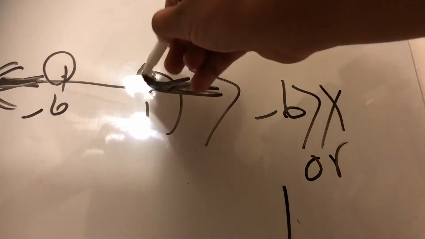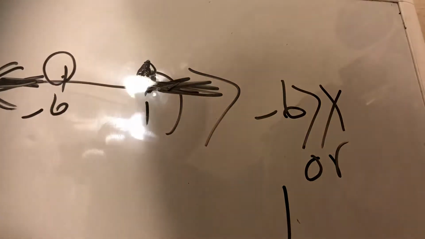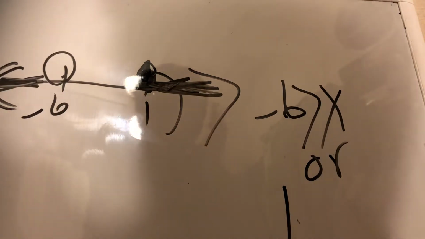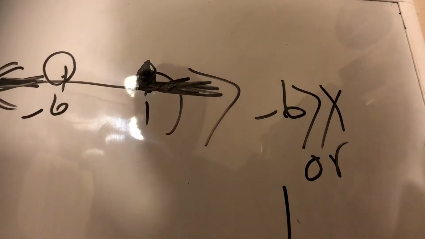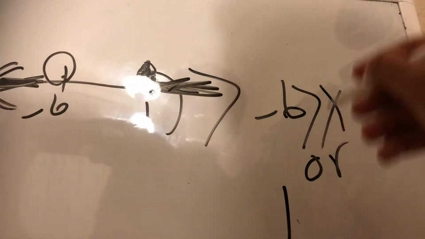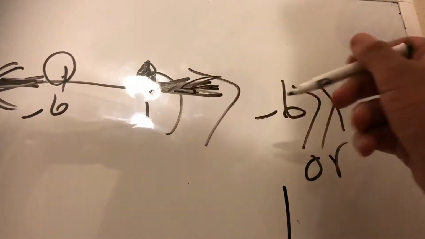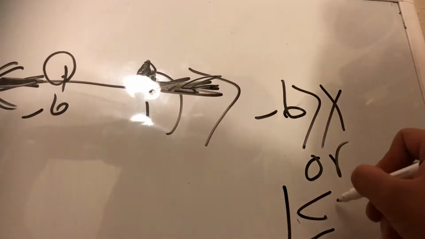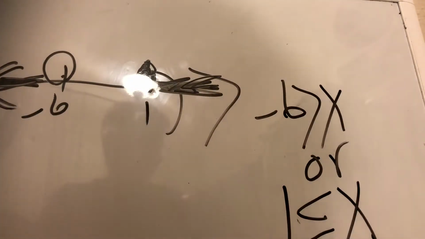Here we drew the dot filled in, so it means greater than or equal, or less than or equal. So we need to put it in the equation, and it's gonna be easy. You're gonna say 1 is less than or equal to x. Finish.